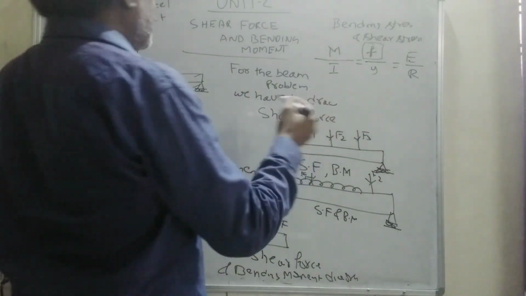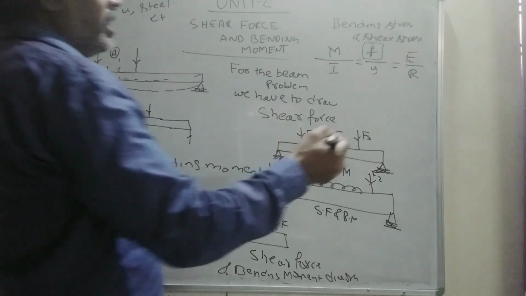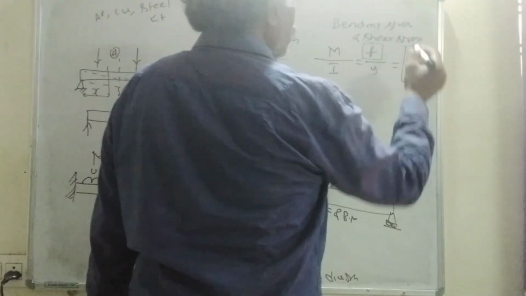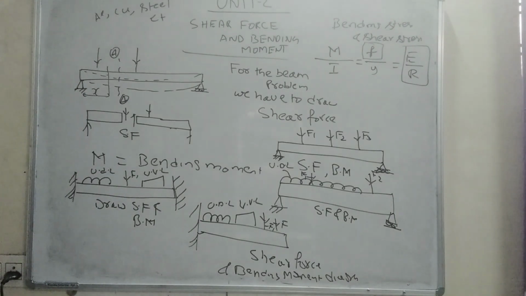And R is the radius of curvature of the beam. And this particular E by R will be useful in determining the deflection of the beam. So that will be unit number 3.